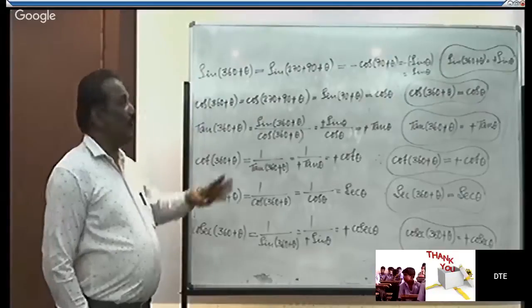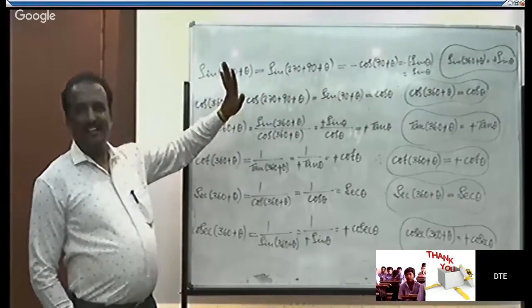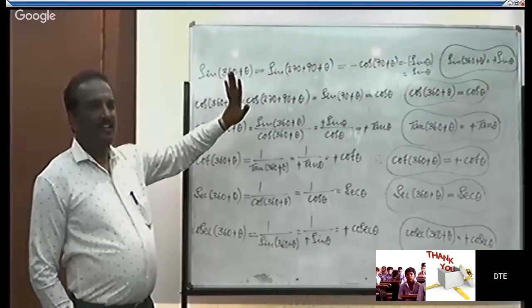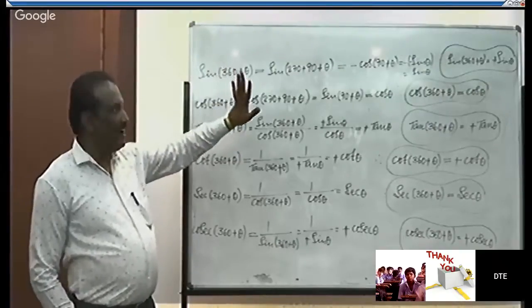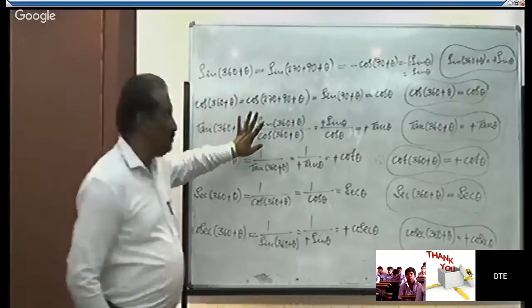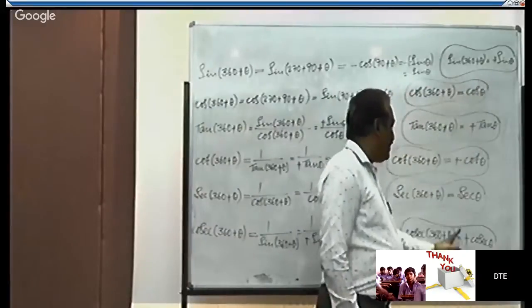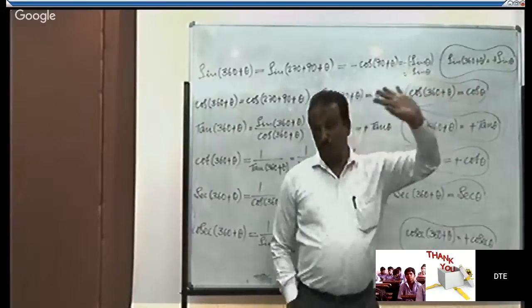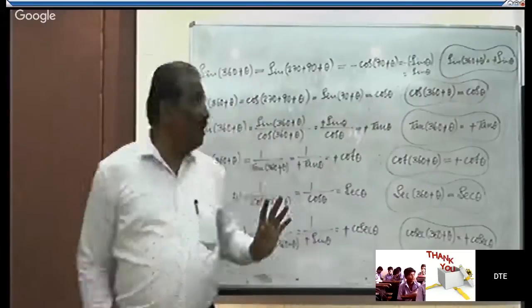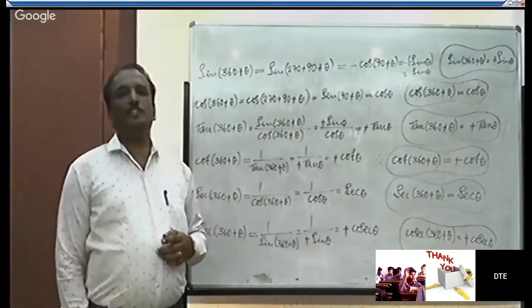In the first quadrant, all the trigonometric functions are positive. That's why, observe all the 6 right hand side results, all are assigned a positive sign. In this way, all the 6 trigonometric function results are connected from 360 plus theta to those of theta.